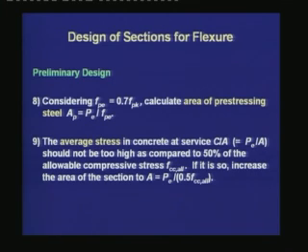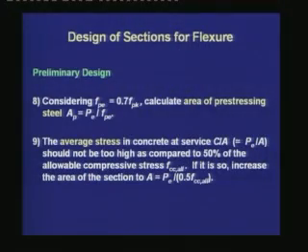We are doing a check on the size of the section, the average stress in concrete at service. Average stress means the stress which occurs at the CGC, that is given as PE by A, which is equal to the effective prestress divided by A. This average stress should not be too high as compared to 50% of the allowable compressive stress FCC allowable.